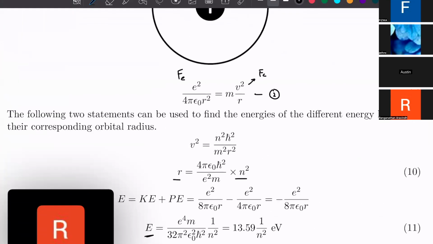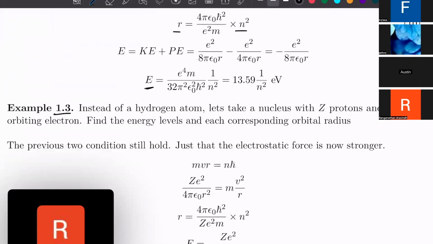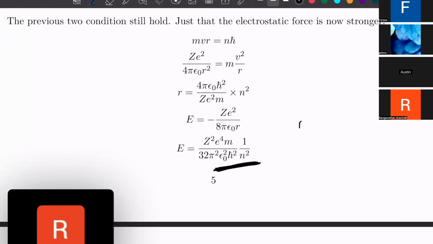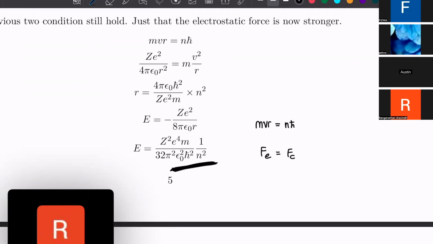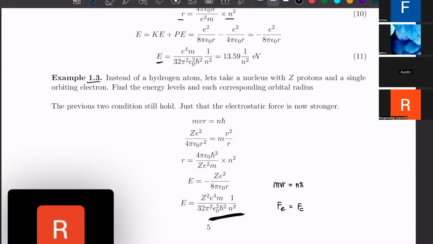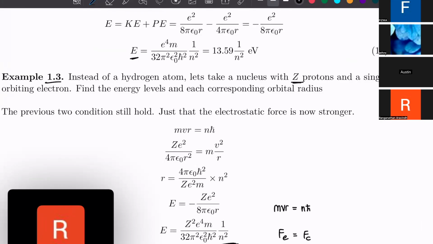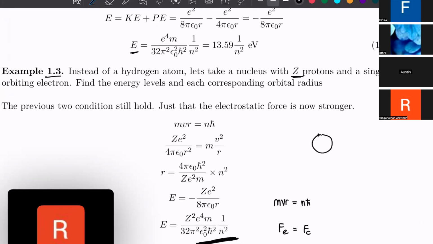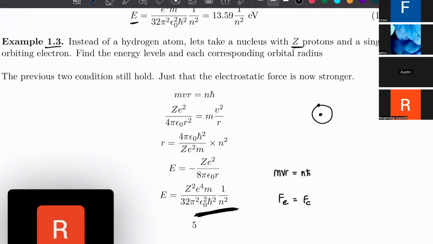You can pretty easily get this result just from the fact that mvr equals nh bar and the electric force equals the centripetal force. It's just that now since we are talking about a nucleus with Z protons, your electric force will be different. If you just change your electric force, you should be able to get this modified result.